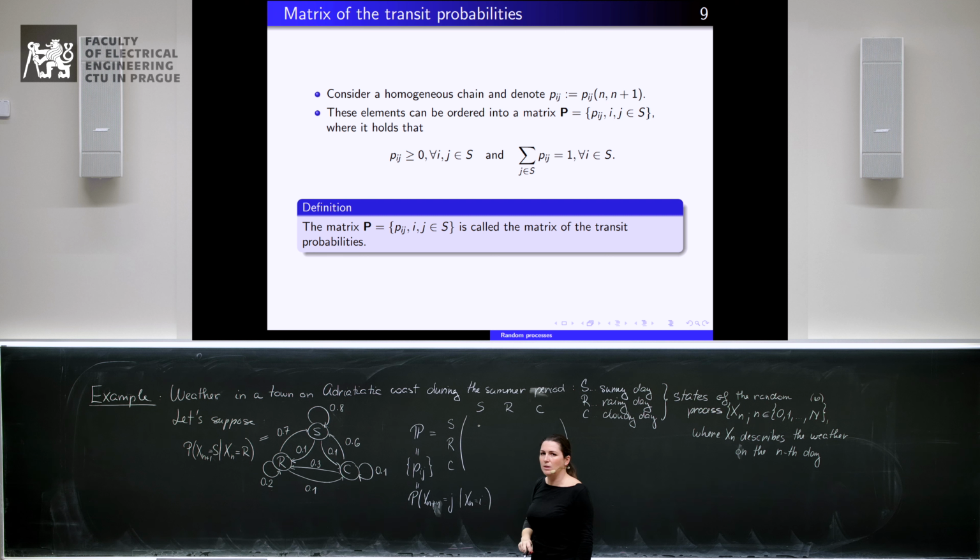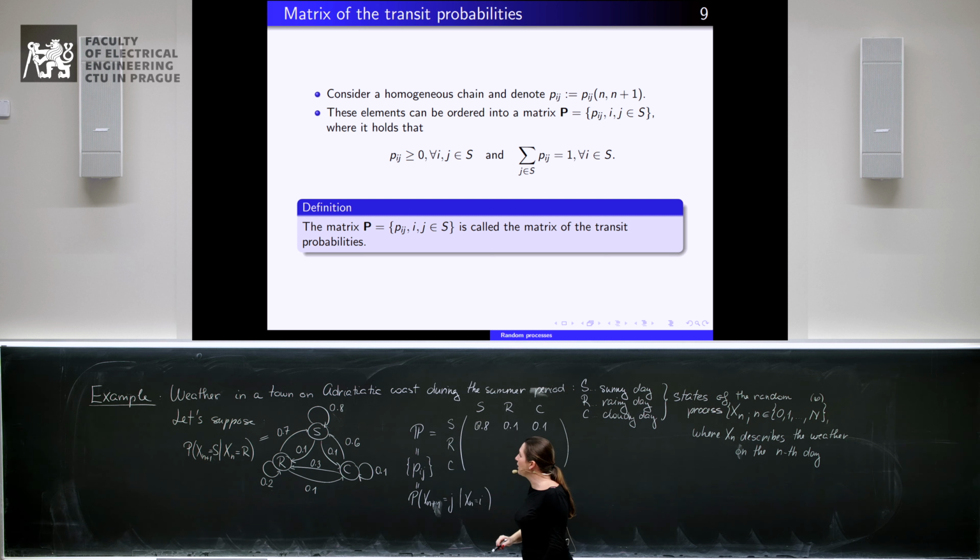And this element means the probability that if it is sunny day today, it will be a sunny day tomorrow. The probability is 0.8. Here, we put the probability that it will be rainy tomorrow if it is sunny today. The probability is 0.1. And the probability that it will be cloudy tomorrow when it is sunny today is 0.1 again.